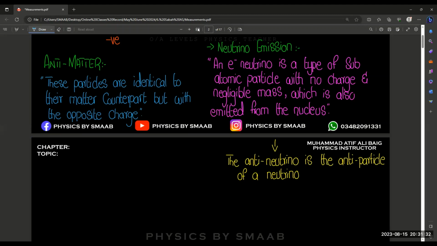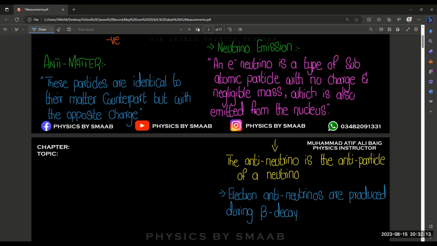Let's suppose we talk about the electron antineutrino. The electron antineutrinos are produced during beta decay, right?